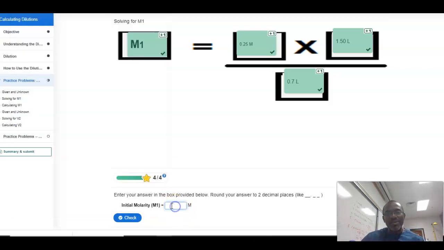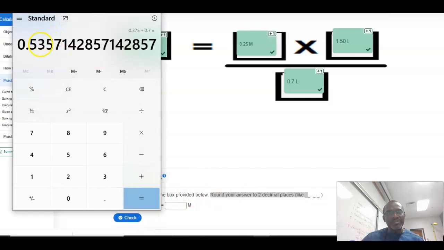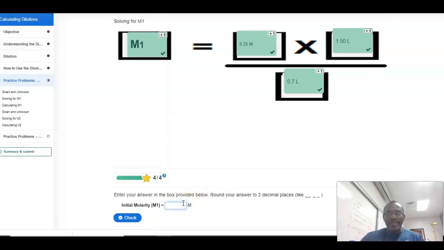But here we're asked to round our answers to 2 decimal places. So I'm going to round this to 2 decimals. I'm going to stop here, but this is 5, so I'm going to round this one up to 1 and add it to this 3. So my answer will become 0.54. So that's what I'm going to type in here, 0.54. I check, see that we're correct.